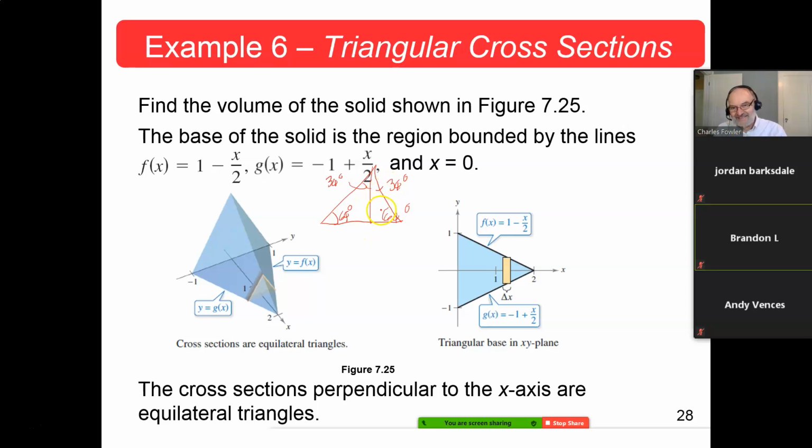Because in a 30, 60, 90 triangle, if you remember from trig, the sine of 30 is 1/2, 0.5. Or think of it this way. If this was 1, that was 2, this would be square root of 3 here. So it's half the base times the square root of 3. That's going to be your height.